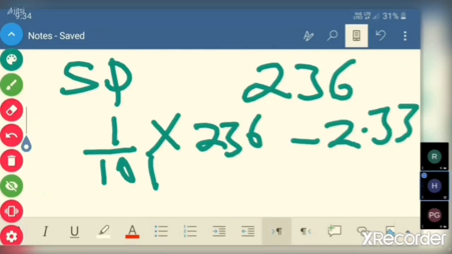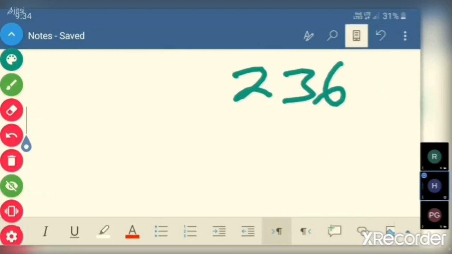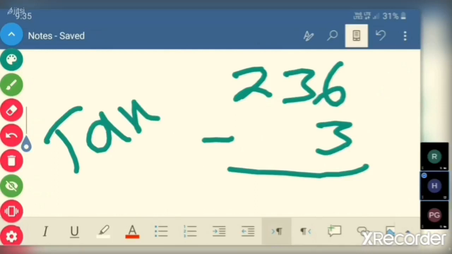Now 2.33 is the tax that is included in 236. So let us take a round figure of 3 rupees just for ease of calculation. So 236 is the sale price minus 3 rupees is the tax that is remitted.